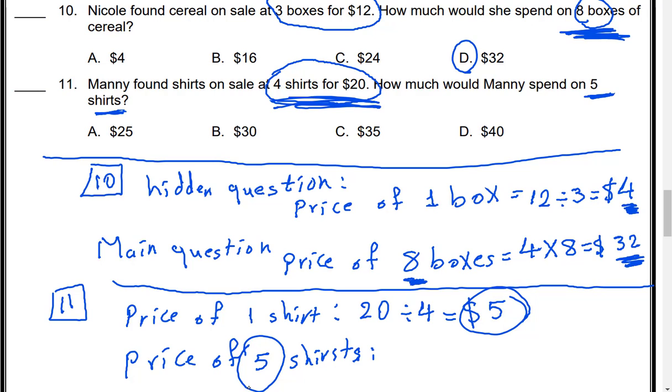So we multiply 5 shirts by the price of each shirt, which is 5. 5 multiplied by 5 equals 25. So the price of 5 shirts is $25. A. Thank you, my hero.